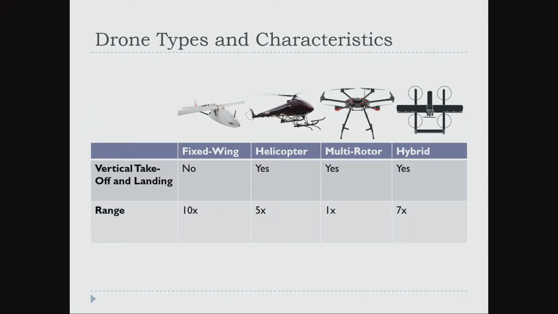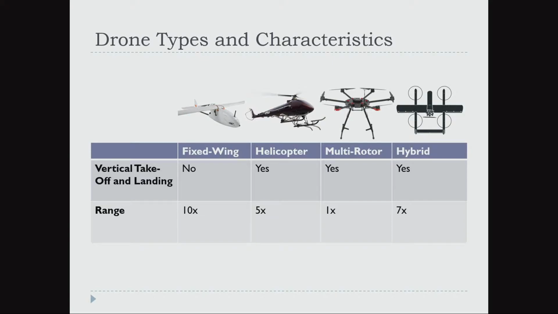There are different types of drones with different capabilities. On the left, we have the fixed wing. You can see it looks sort of like a plane. The advantage is it has a long range, but it cannot take off or land vertically. The helicopter-type drone can take off and land vertically, but has a much shorter range. The way I think about it is you can fly a plane from here to China, but you can't land on top of a building. But a helicopter can land on top of a building.